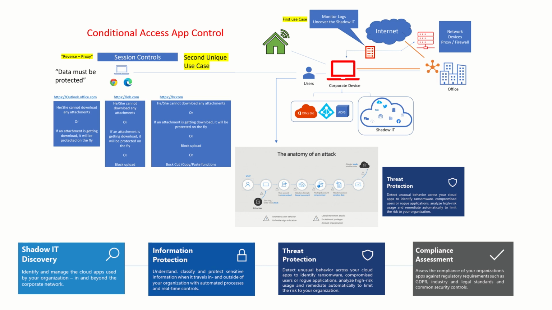So this is a typical overview of Microsoft Cloud App Security. It has four different pillars, and every pillar has its own scope. And this is how multiple features or functions are combined to make it more integrated.